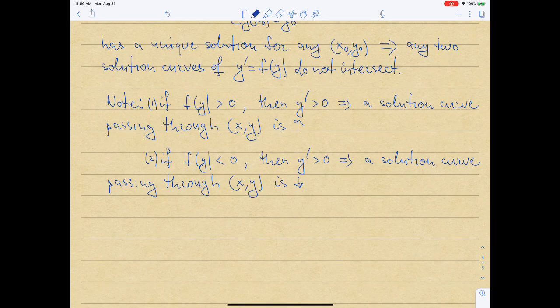Now also, let's suppose that f of some value, let's say ys, is equal to 0.